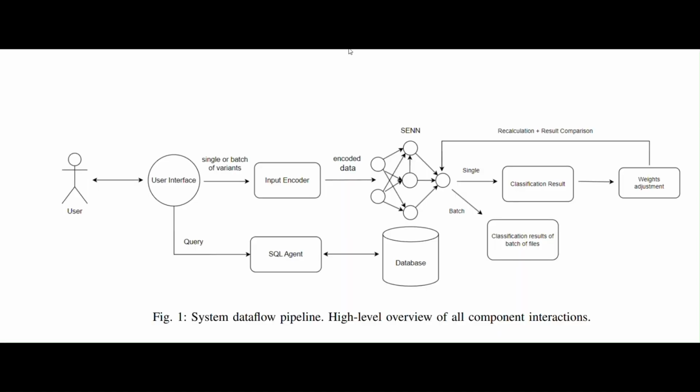I will now briefly go over the overall system data pipeline and explain our methodology. The overall system can be broken down into two main parts. First is the classification model, which is SEN, and second is the contextual assistant, implemented using an SQL agent.